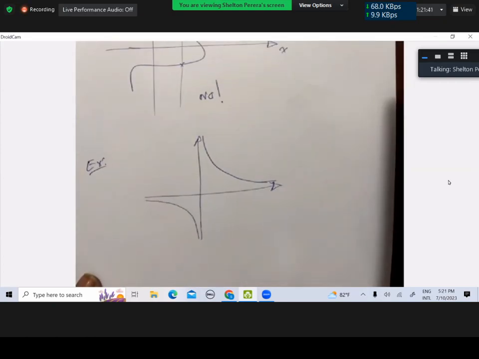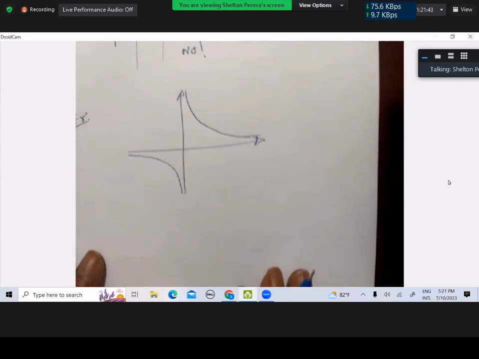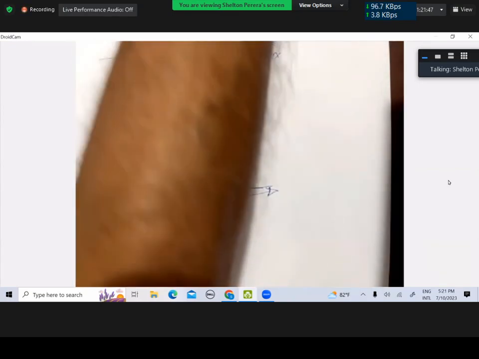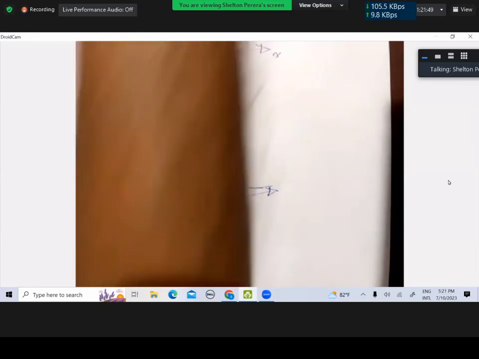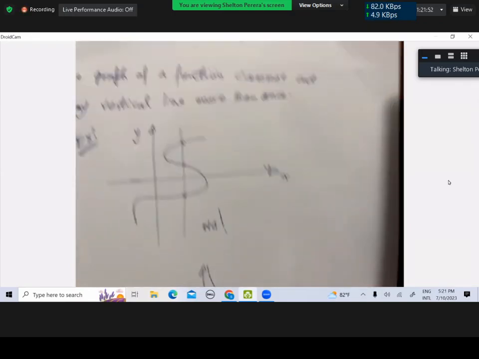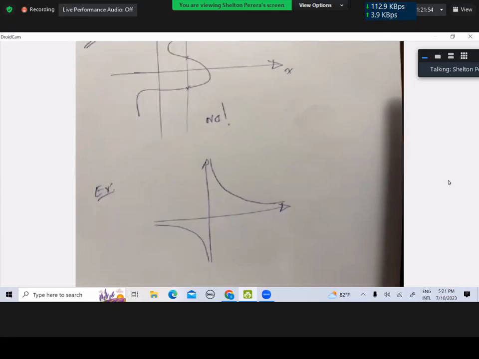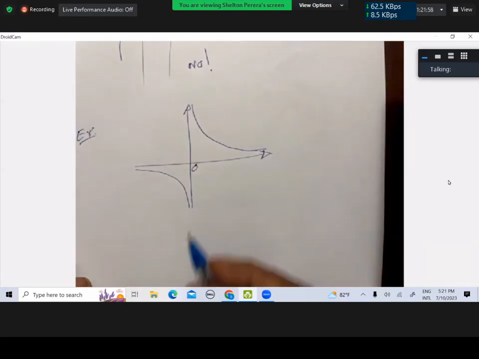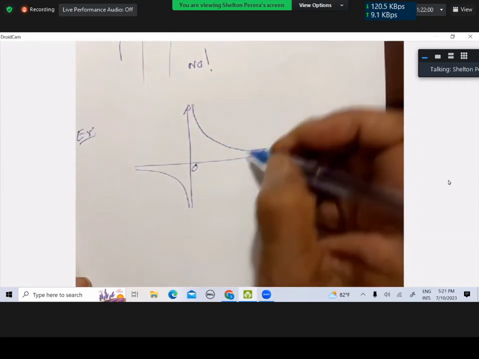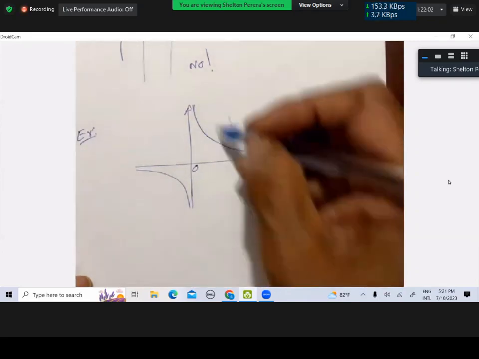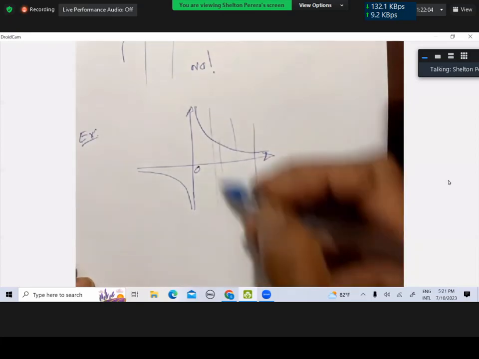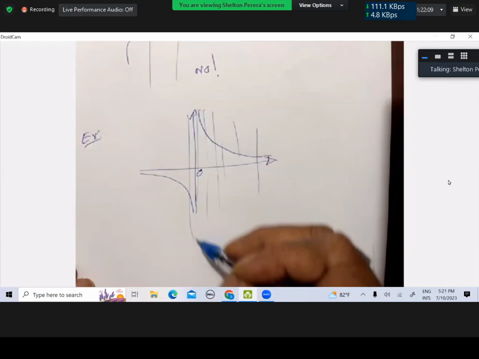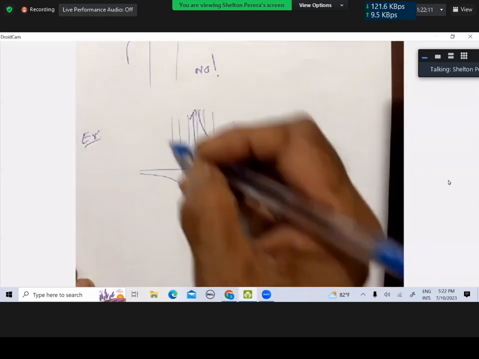Is this the graph of a function? Use the vertical line test. The graph of a function cannot cut any vertical line more than once. It may not cut, like in this one. Look at this. Is this a graph of a function? Any vertical line crosses the graph at most once.